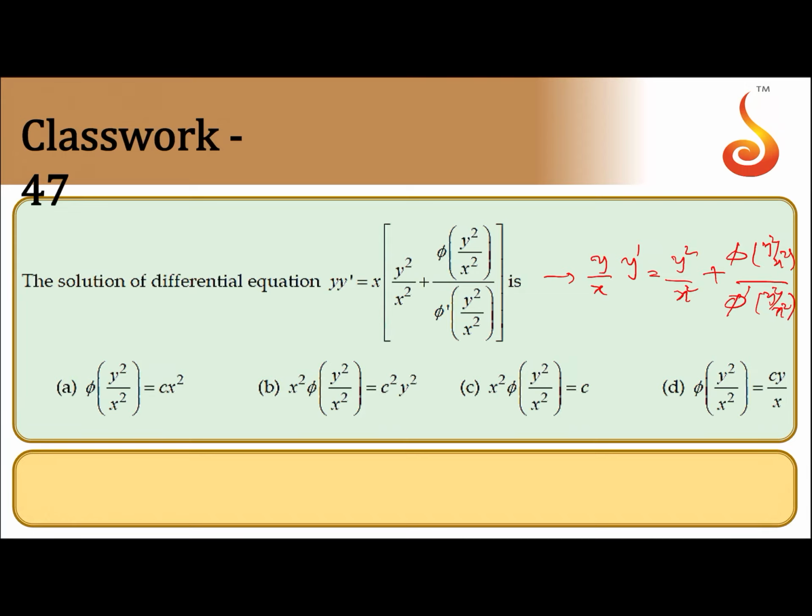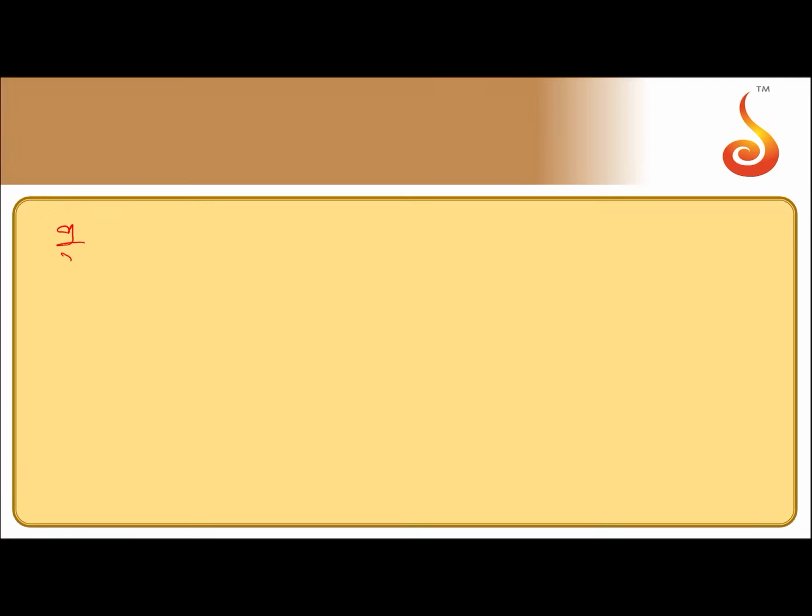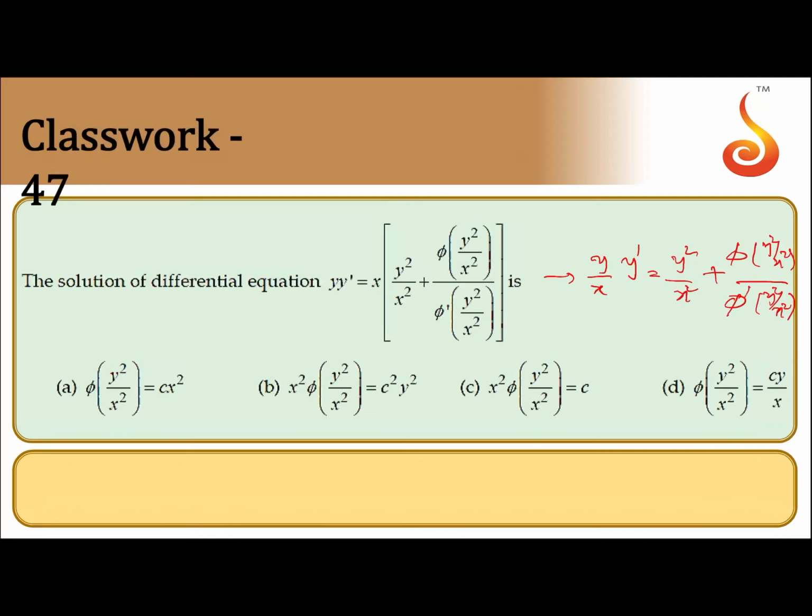So we take y by x equals some v, so that y is equal to vx. Taking the derivative on both sides, dy by dx is equal to v plus x dv by dx.